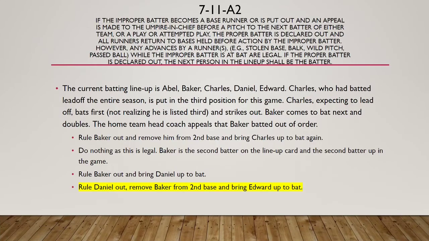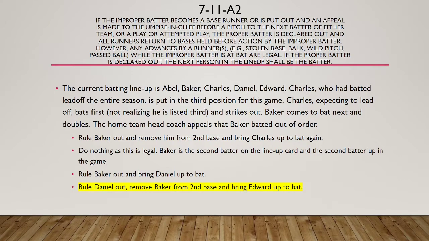Okay, second question. The current batting lineup is Abel, Baker, Charles, Daniel, Edward. Charles, who had batted leadoff for the entire season, is put in the third position for this game. Charles, expecting to lead off, bats first, not realizing he is listed third, and strikes out. Baker comes to bat next and doubles.